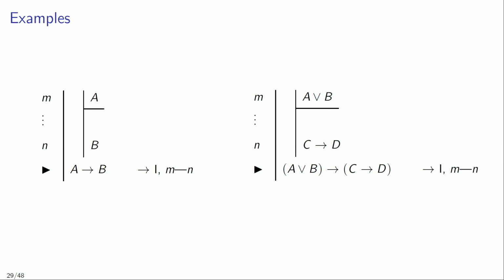Suppose, if under the supposition that A or B, you can infer the conditional if C then D, then you are licensed to conclude that if A or B, then if C then D. And you can justify this inference by citing conditional introduction as applied to lines M to N.